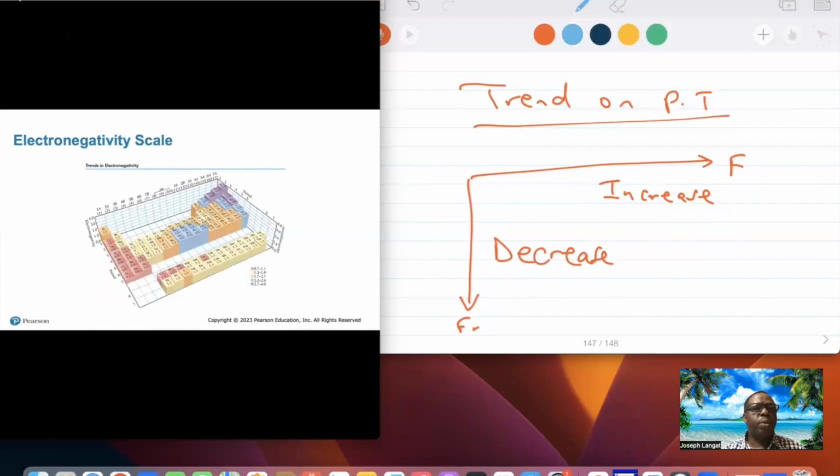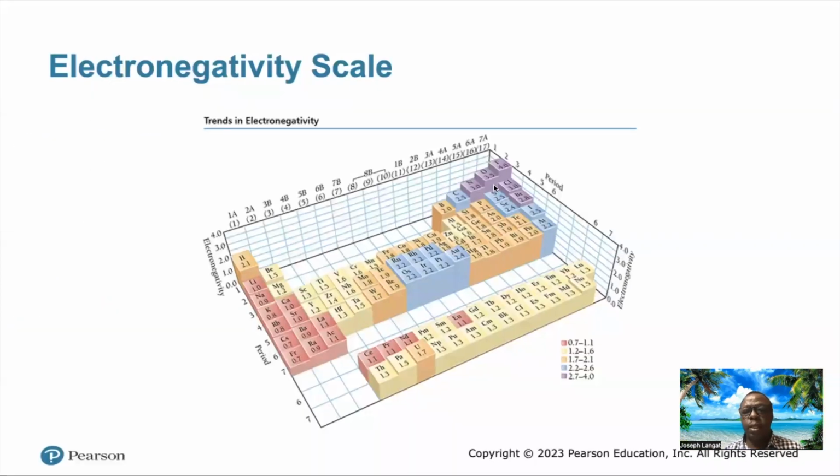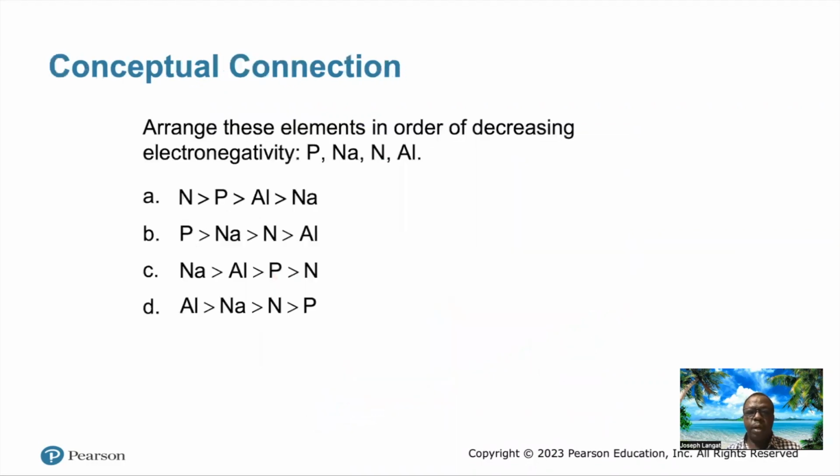No one will ask you to memorize the numbers you see here: fluorine has an electronegativity value of 4 and francium 0.7. Down the line, we will use these numbers to classify a bond as polar covalent, non-polar, or ionic, but you'll be given them if need be.